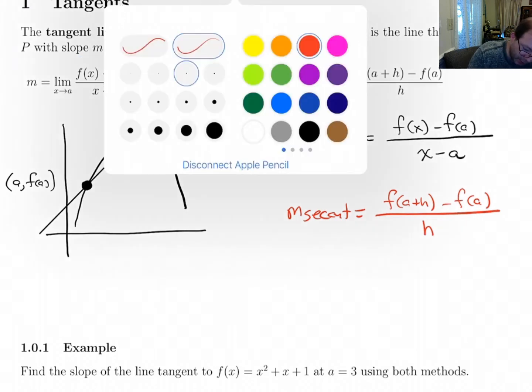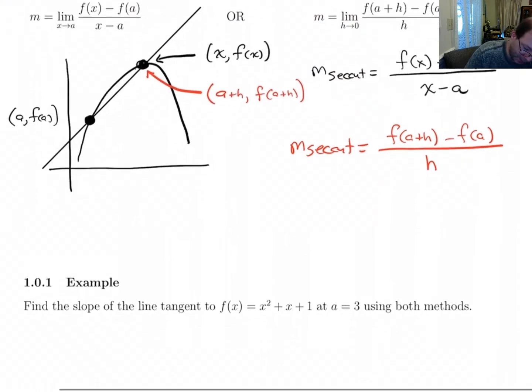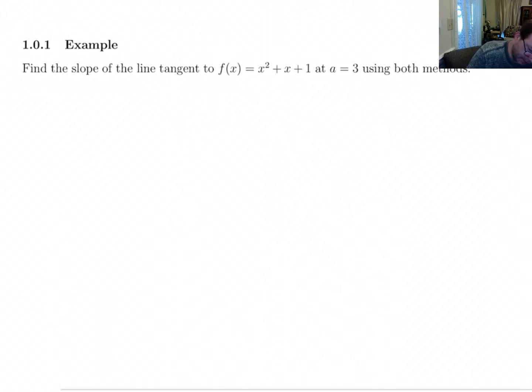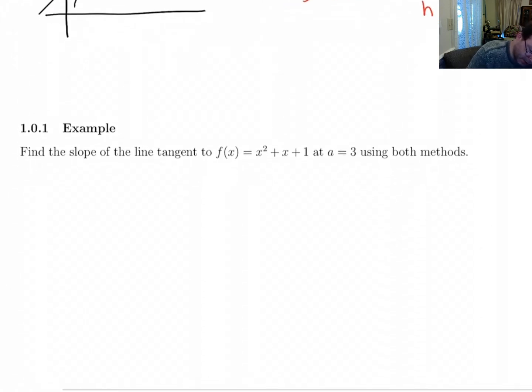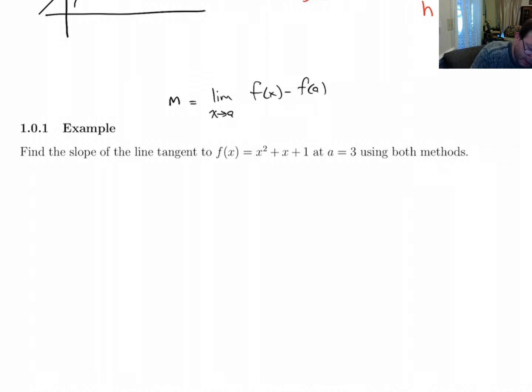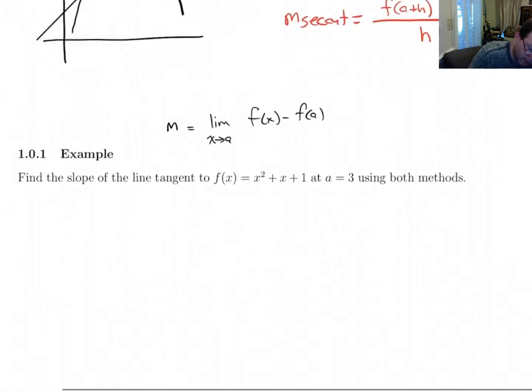Well, we've got to do both formulas, but let's look at this one. I'm going to copy that formula down here. The limit as x goes to a of f of x minus f of a over x minus a.